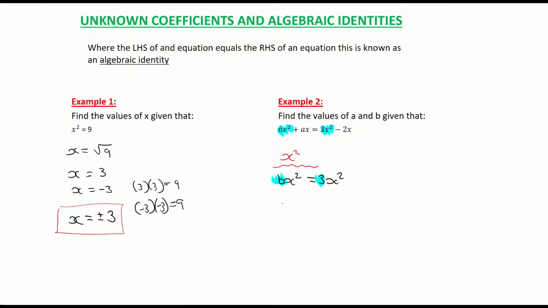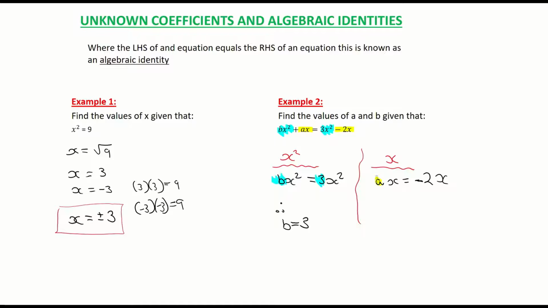So I'm just going to say therefore, b is equal to 3. And now I'm going to find the value of a, and a is the coefficient of just the x, the degree of 1. So I'm finding the coefficient of the x, which is going to be ax is equal to minus 2x. So just be careful with the signs in front of any values.